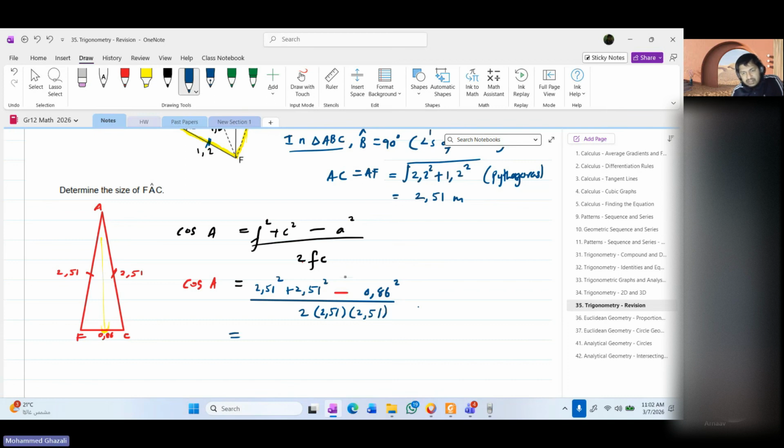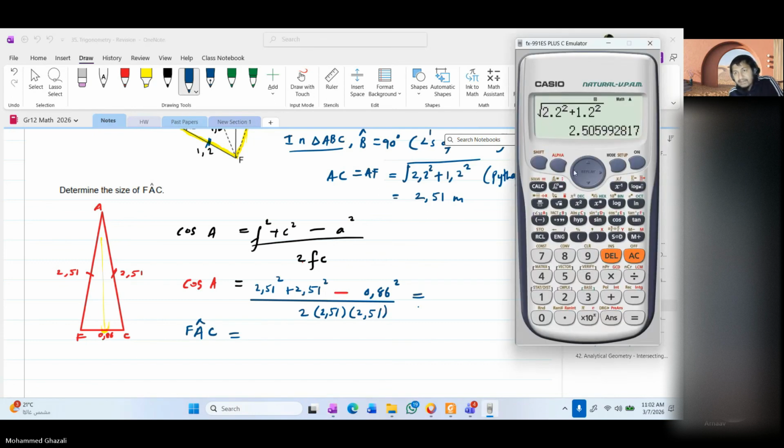Right, and we will get a decimal value for this, or you can just say angle FAC is now equal to cos inverse of this answer here. So we can work that out. 2.51 squared times 2 minus 0.86 squared, divided by 2 times 2.51 squared.